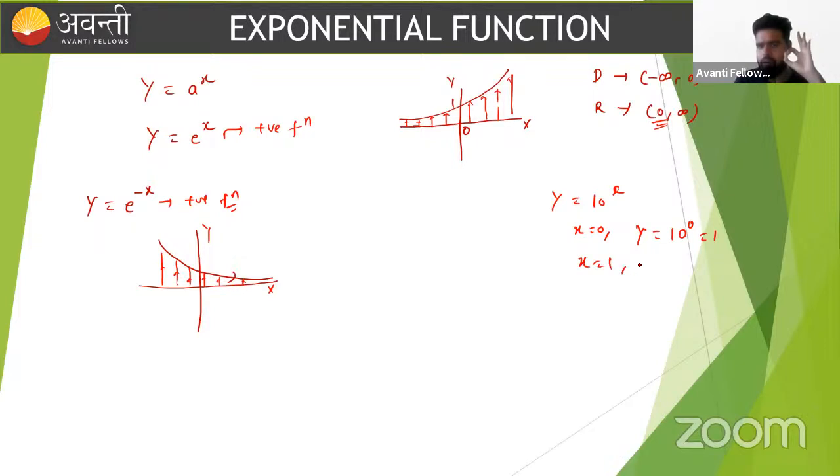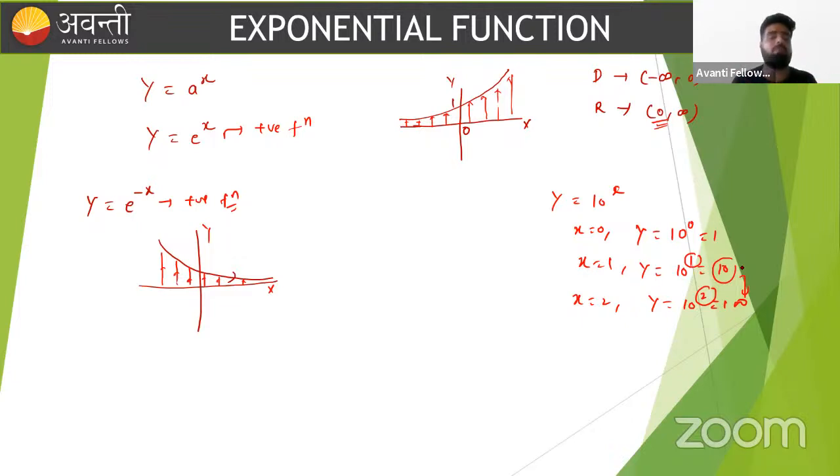If we put x equal to 1 here, what is the value, beta? 10 raised to power 1, 10. If we put x equal to 2 here, y equal to 100. What we will observe here, beta, is that if we increase input by one factor, the output is increased by 10 times.